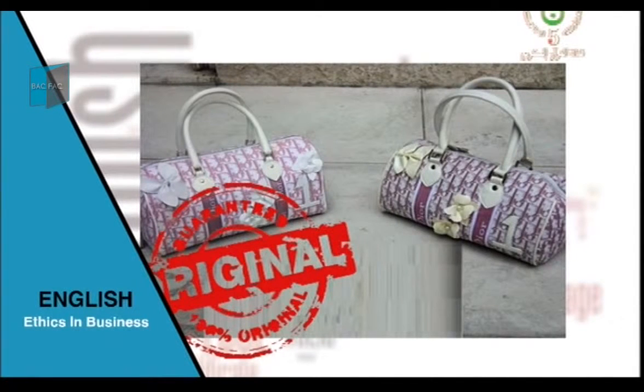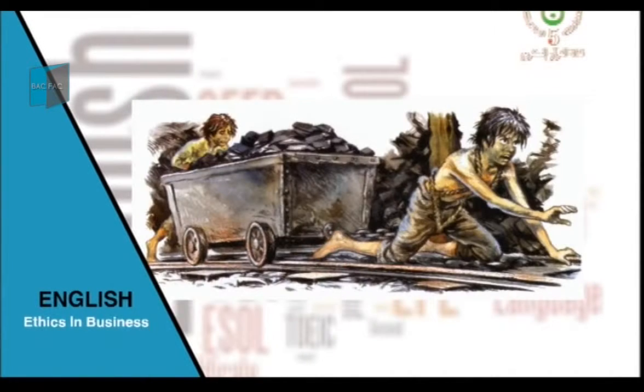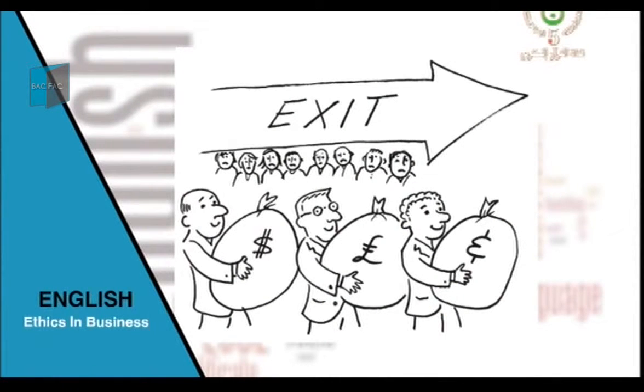One of them is original, the other one is not. So this picture represents, good, we'll see this later. Next picture represents children working in hard conditions. And the last picture represents people taking their money away.